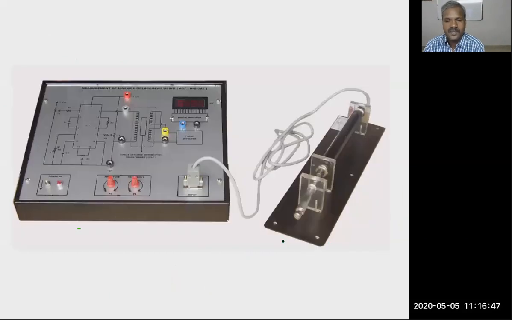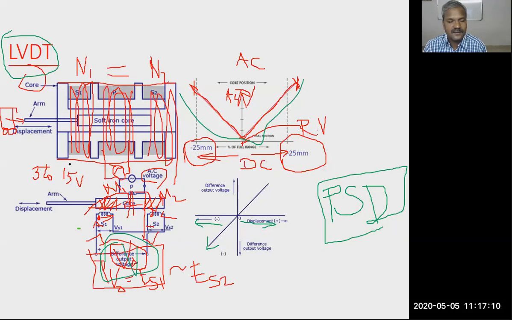This is the laboratory setup in our laboratory. We have this setup, the linearly variable differential transformer or transducer. Here there are 2 adjustment parts. One is amplitude adjustment, the other is phase adjustment. We should excite the primary of the LVDT using 3 to 15 volts and 50 hertz to 20 kilohertz.